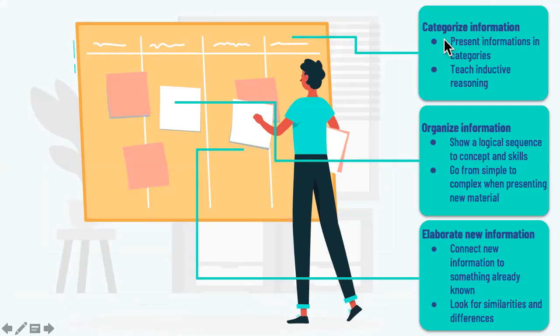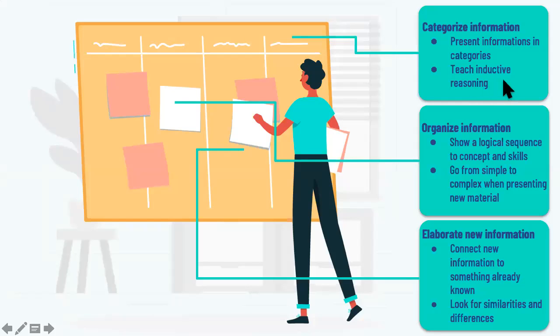And very frequently, we also categorize our information into categories so that learners can comprehend better, so that they can remember, and also bring that information to the working memory, and therefore to the long-term memory.